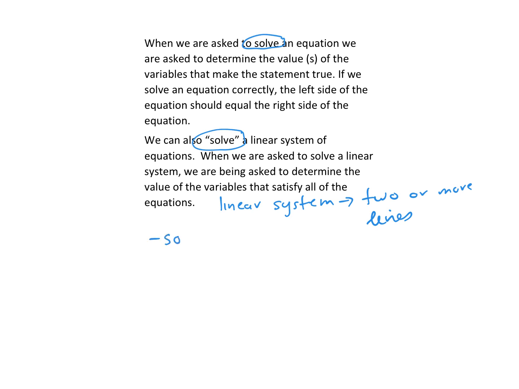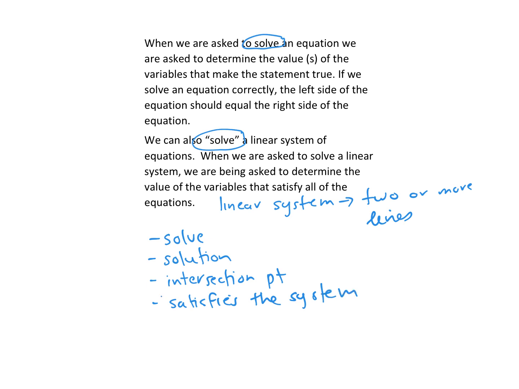So we are comparing solve to finding the solution, which is also the intersection point of the system, and we will say that the point satisfies the system. Those all mean the same thing.